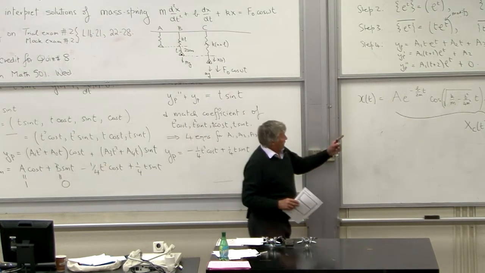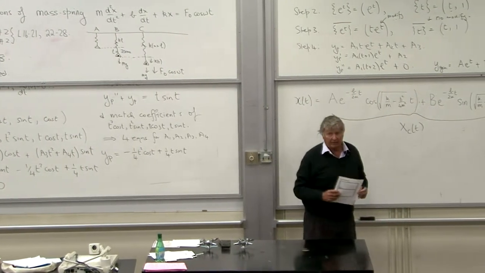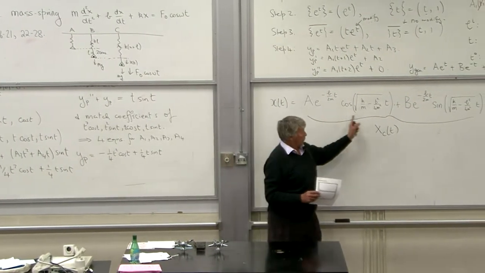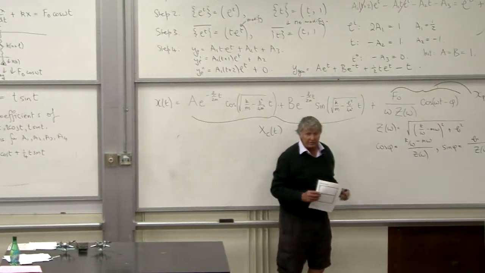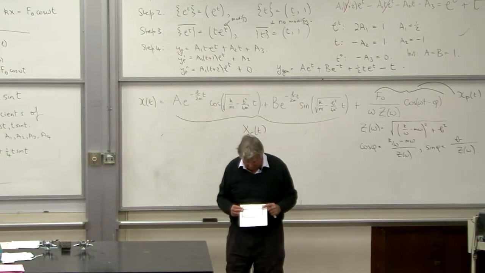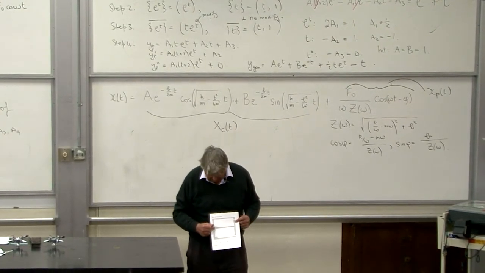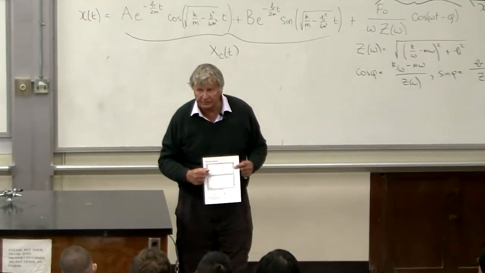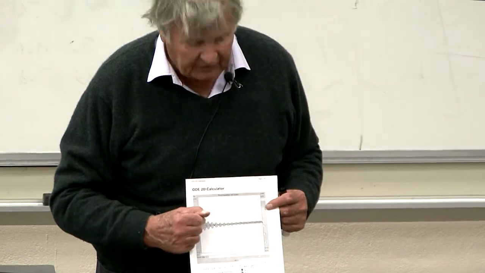So knowing the initial conditions, you can determine a and b. And why this is important is that this part on its own does not satisfy the initial conditions. So you start off satisfying the initial conditions, and then it oscillates.